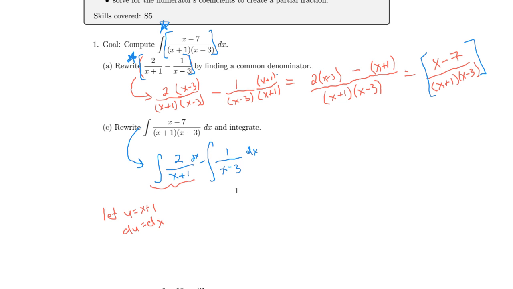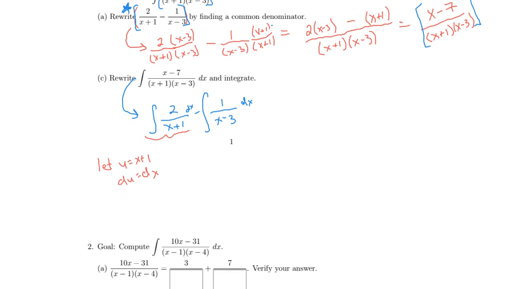And so this integral becomes, let me scroll down just a little bit, give ourselves more room, this integral here becomes the integral of 2 over u du, which, again, the 2 will stay there, and then the 1 over u becomes an ln of u. So this whole thing becomes 2 ln of x plus 1.